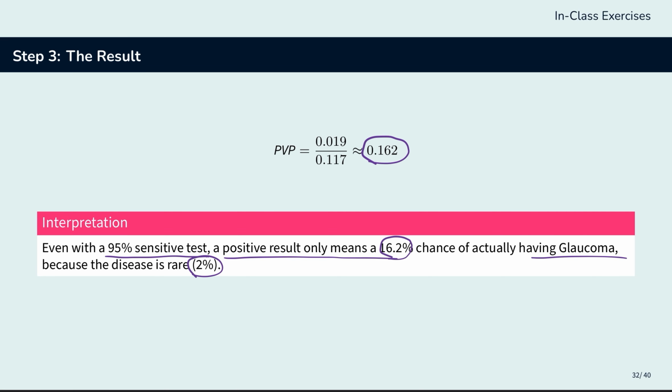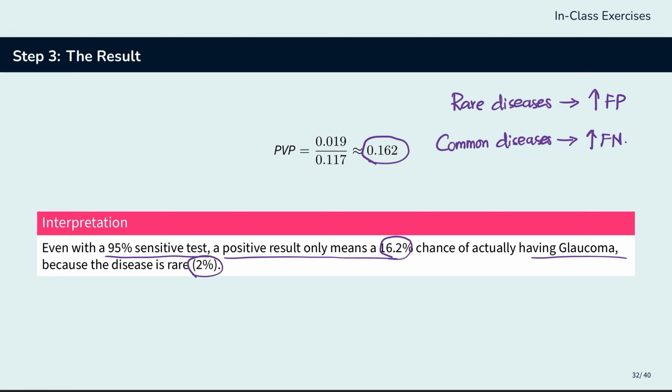So rare diseases tend to have very high false positive rates, and common diseases tend to have very high false negative rates.